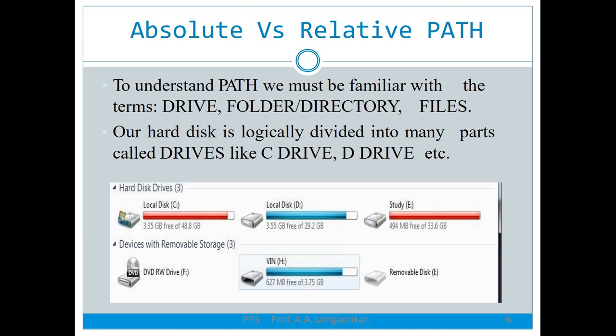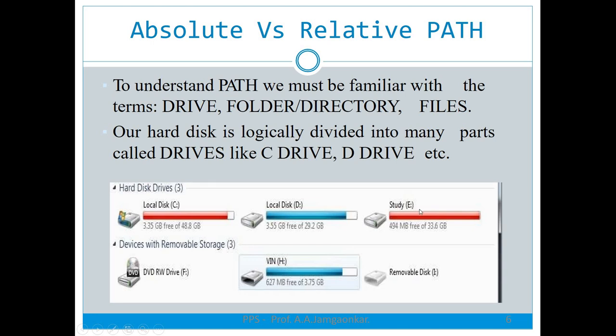When we talk about a path, we should know about the drive, the directory or folder, and the file name and its extension. Here the image presents the hard disk partitioned into three compartments, which are known as the C drive, D drive and E drive.